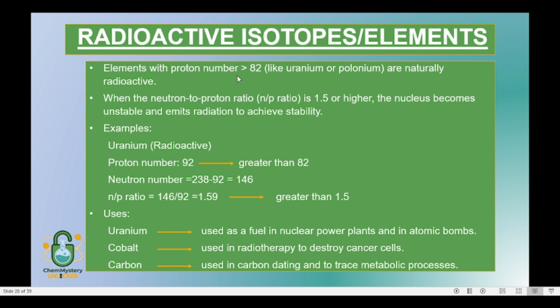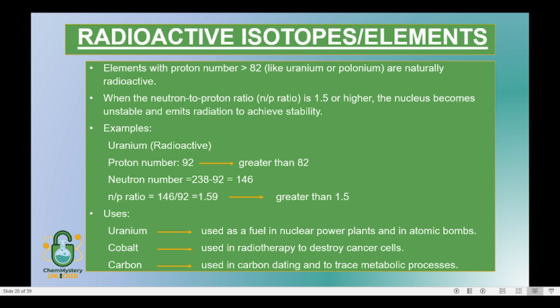How do we calculate the neutron number? We calculate the neutron number by subtracting the smaller number from the bigger number, which is written with the element in the periodic table. 238 minus 92 comes out to be 146.